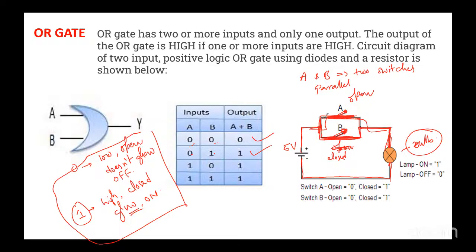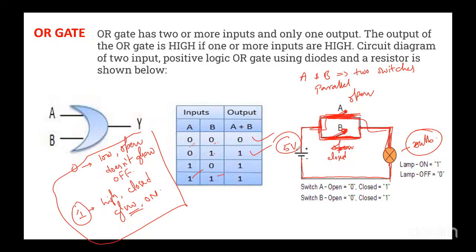If both switches are closed, in this condition the power is only 5 volts. You need not think that double switches closed means double power reaching the bulb. Don't think like that. Both are in on condition, but the input source is only 5 volts.